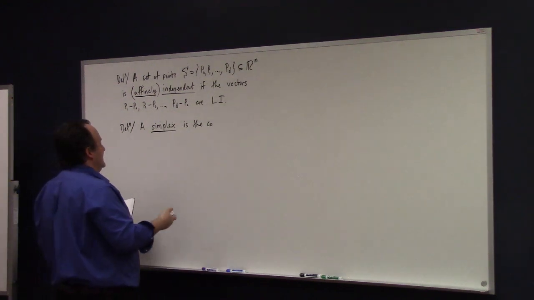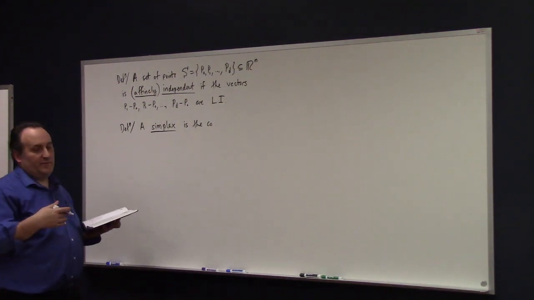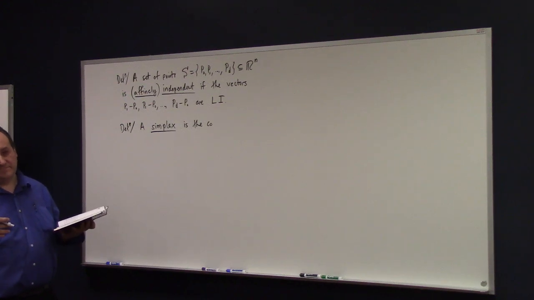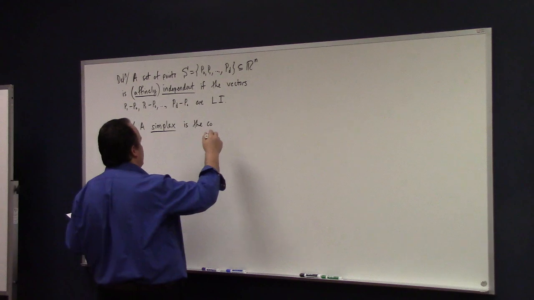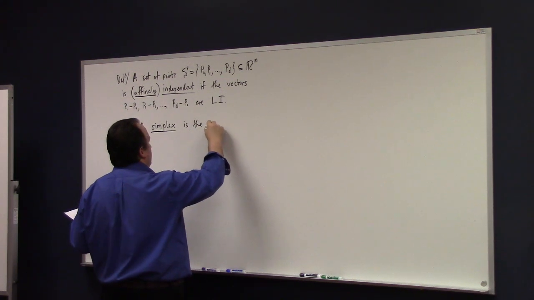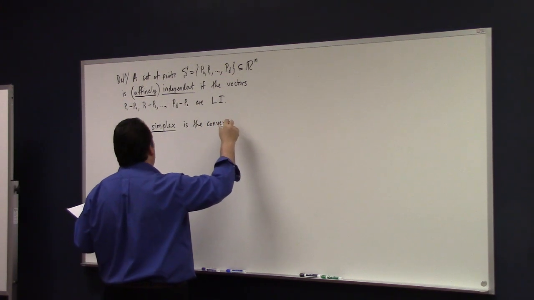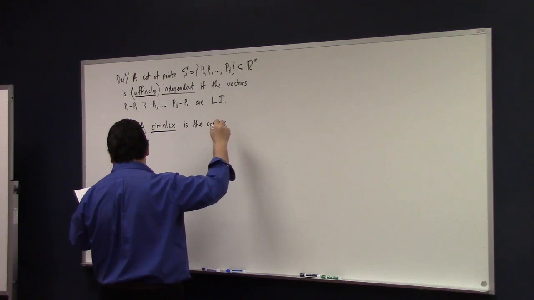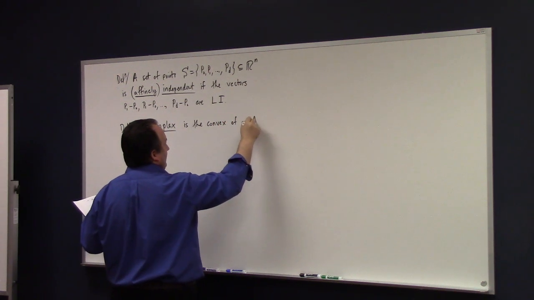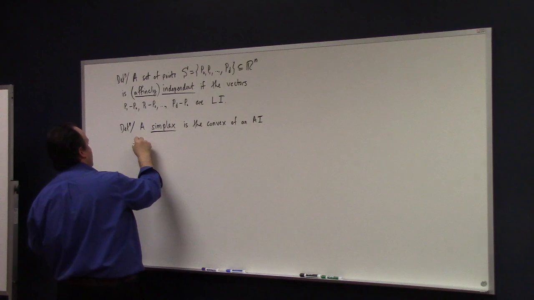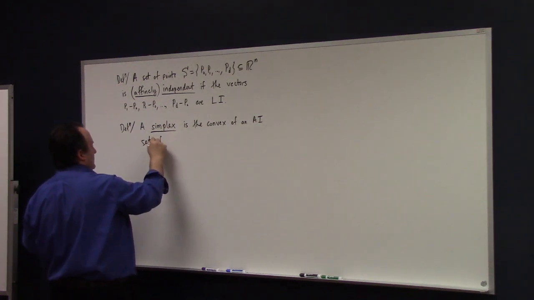Although I guess it's not entirely clear, because every point is a vector from the origin, so you can talk about the independence of points as vectors from the origin as well. But let it be understood I'm talking about affine independence. Let me just use an abbreviation. A simplex is a convex hull of an affinely independent set of points.